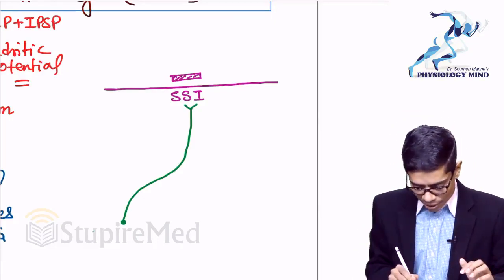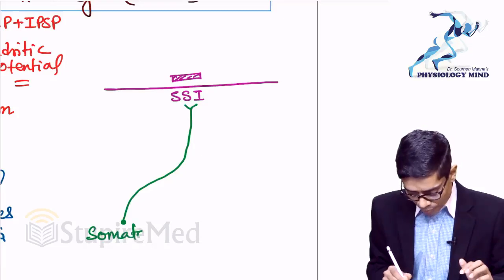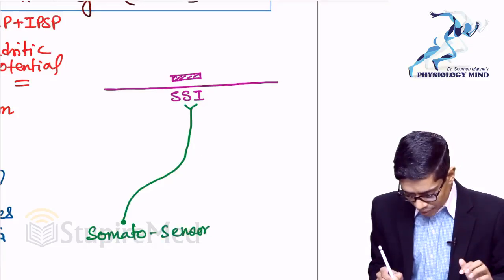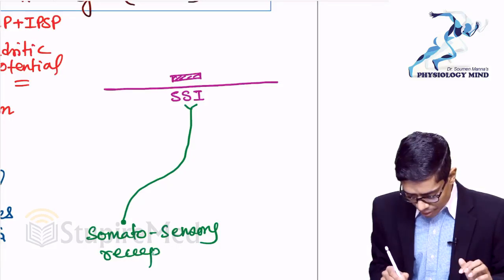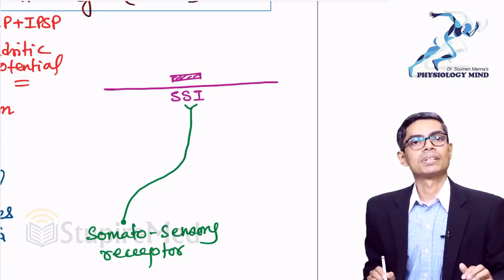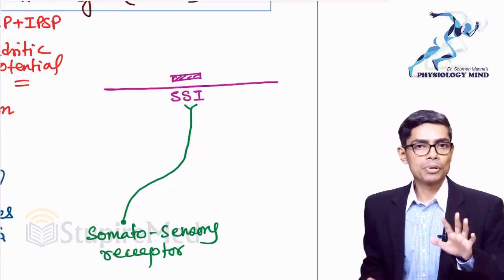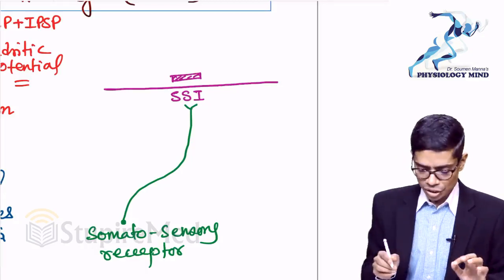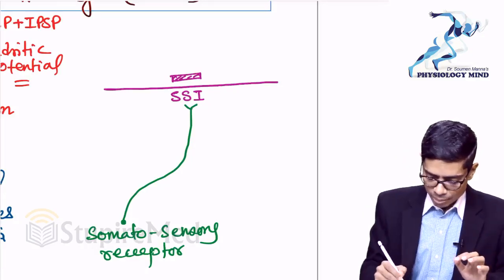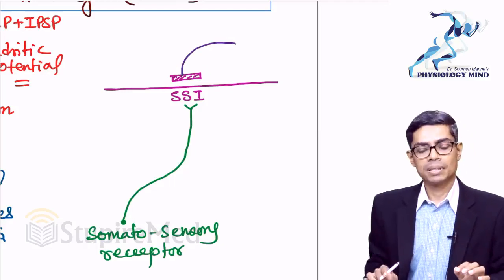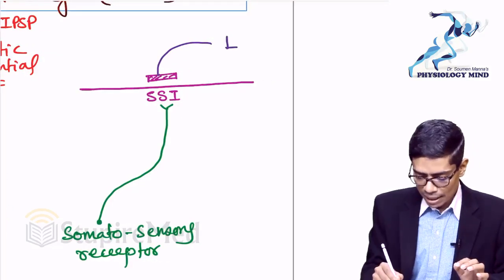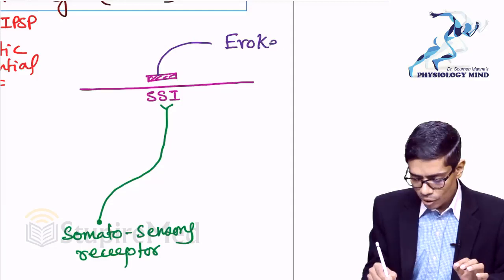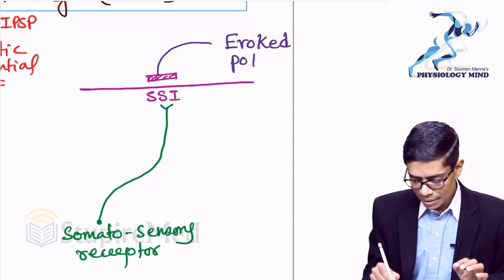So what kind of stimulation? The somatosensory receptor is stimulated. So again it will produce a voltage change at the level of this electrode, but this is known as evoked potential.